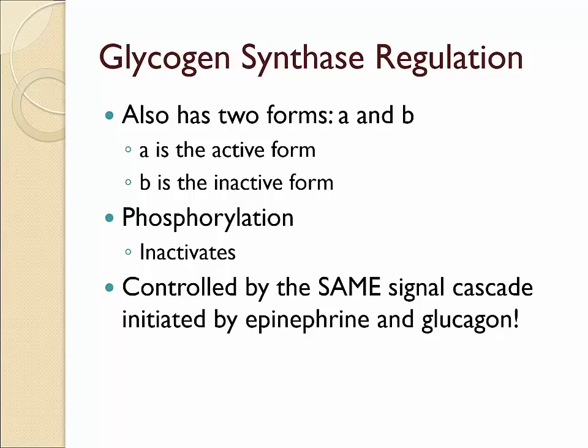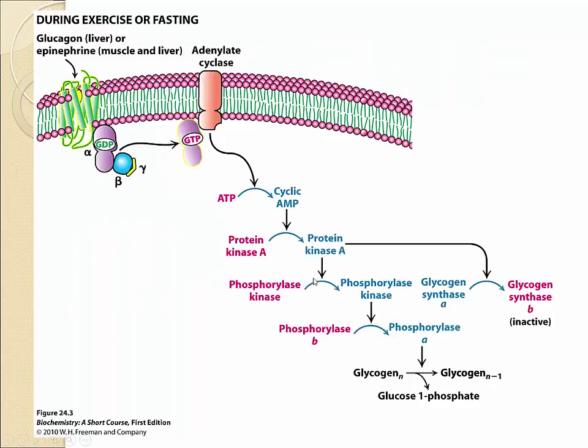And interestingly enough, this event is controlled by the same signal cascade initiated by epinephrine and glucagon. That makes sense. If we need to degrade glycogen, we don't want an enzyme also trying to build glycogen at the same time. And so the same enzyme, protein kinase A, phosphorylates phosphorylase kinase.